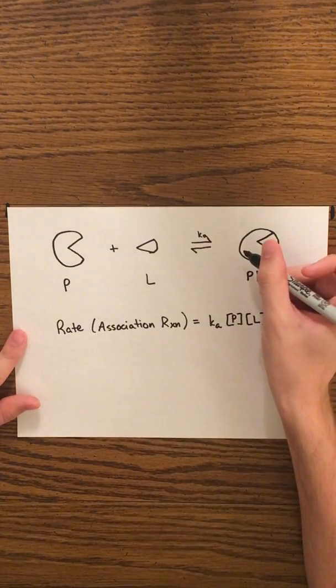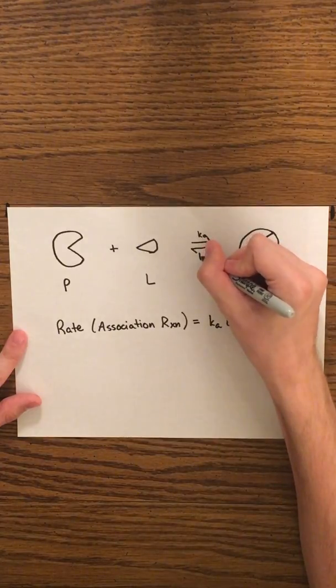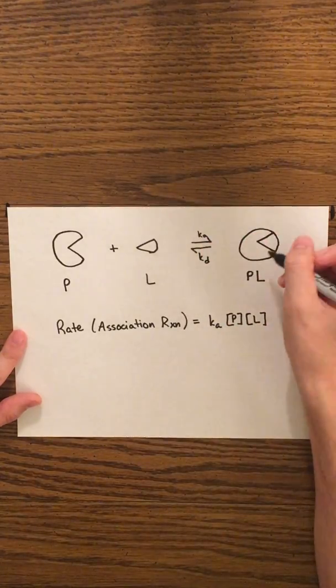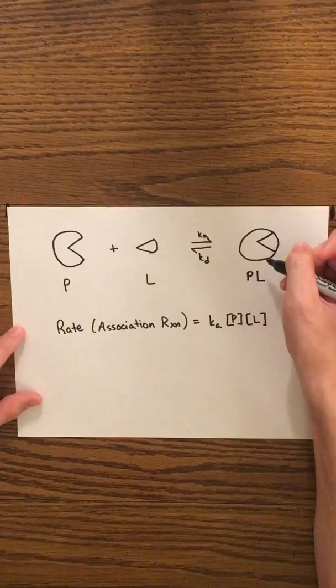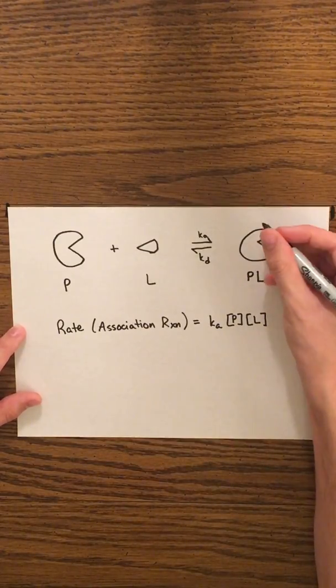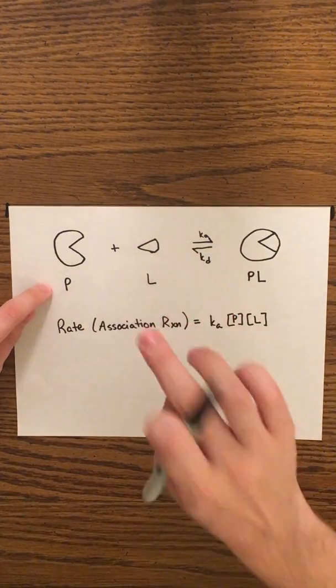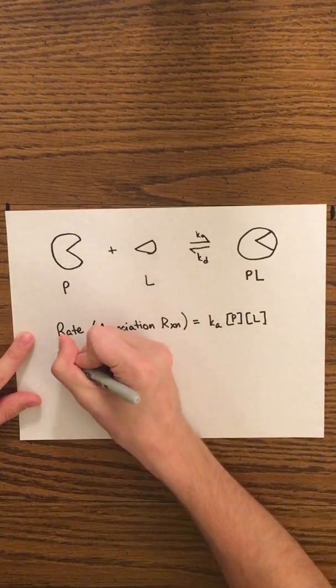Now, if we wanted to talk about this reverse reaction, we'll call that the dissociation reaction. We call it the dissociation reaction because that's the point where this protein-ligand unit is dissociating back into separate protein, separate ligand, okay?